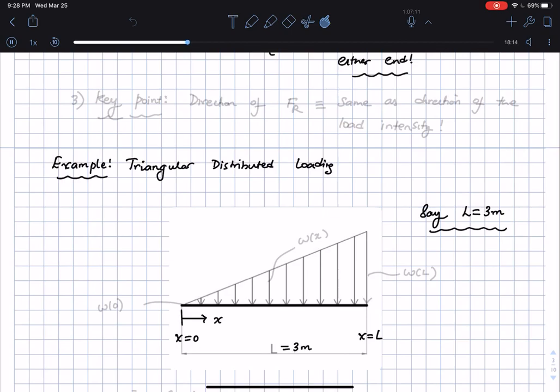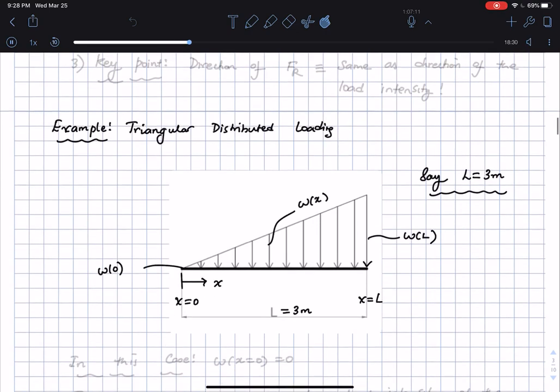Then we see that this arrow right here at the end is W at L. This is W at 0, and this is W at some x. Because this is a triangular loading, W at 0 is 0, W at x is drawn the following way, because it's some linearly increasing value, and W at L is the largest value.